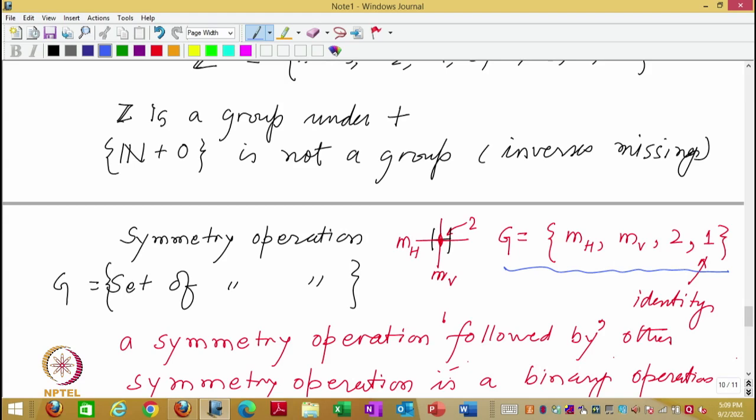So, if MH leaves H unchanged and MV leaves H unchanged, a combined operation of MH followed by MV obviously will leave it unchanged, so that should also be a part of the group.